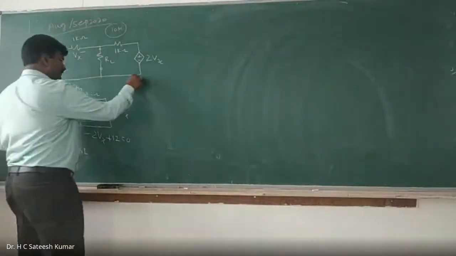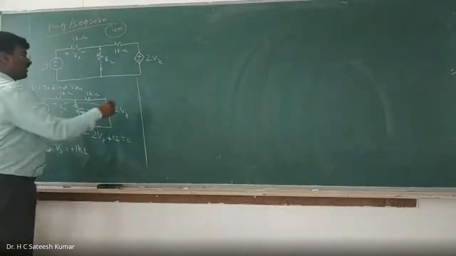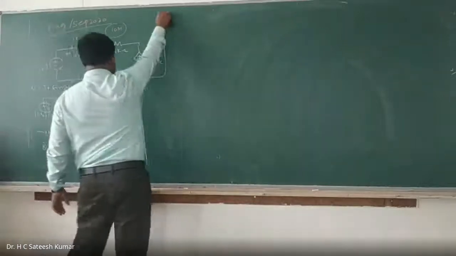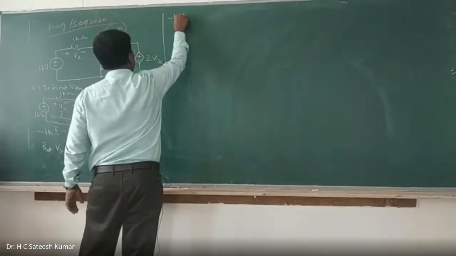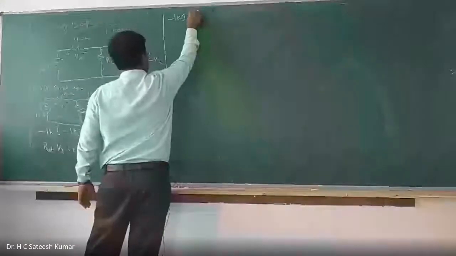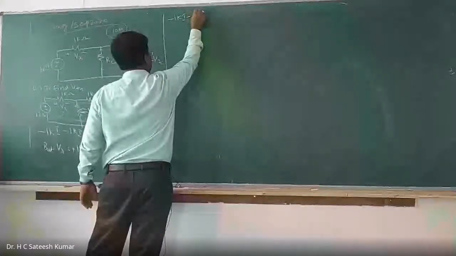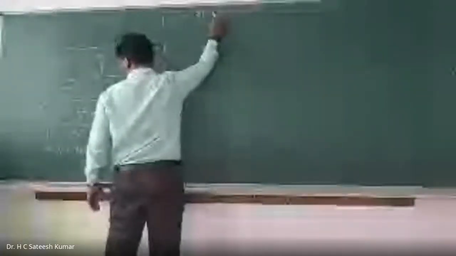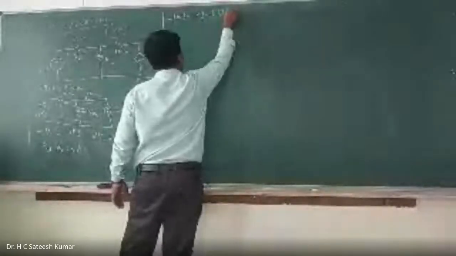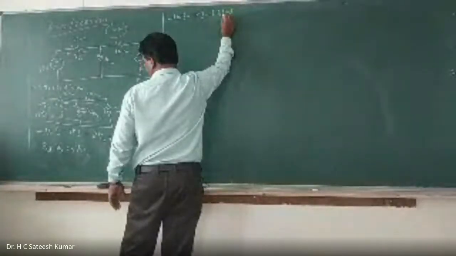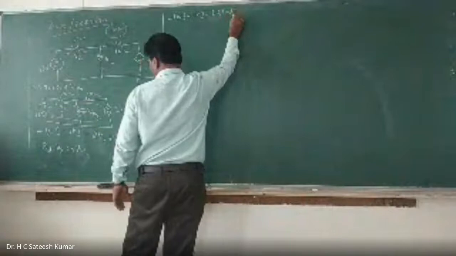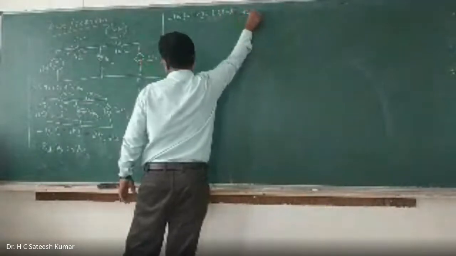Substitute in this equation. What will you get? Minus 1K into I, minus 1K into I, minus 2 into 1K into I plus 12 is equal to 0.